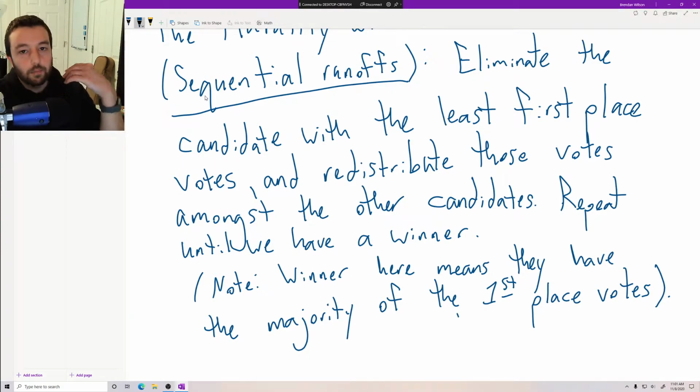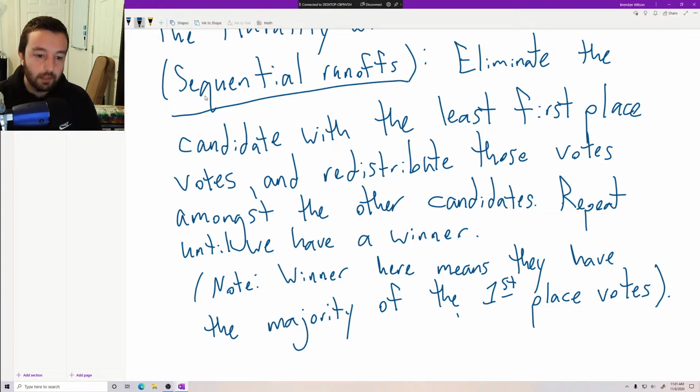So you do the ranked choice voting methods where you give your first choice, your second choice, your third choice, and so on. And if nobody has the majority of the first place votes, then you go through and eliminate the person with the least first place votes and redistribute those.